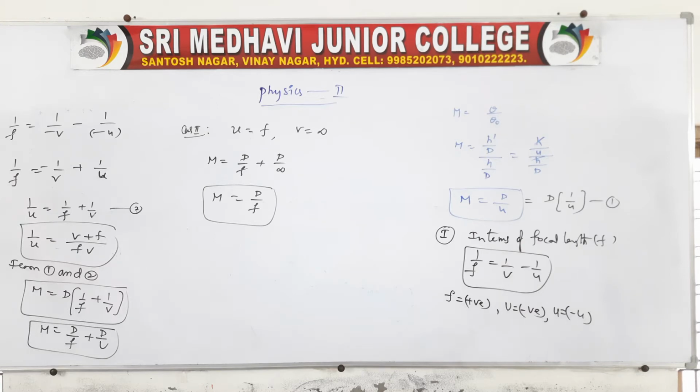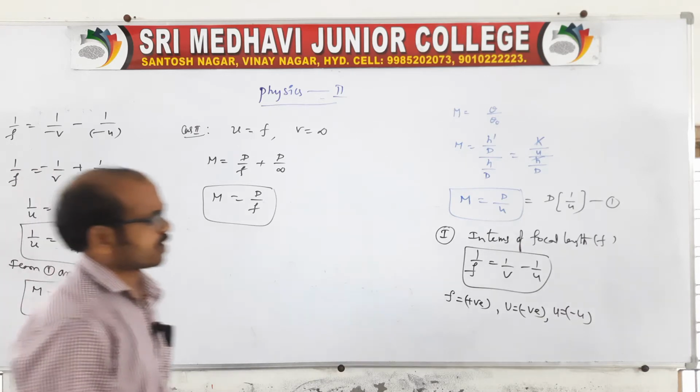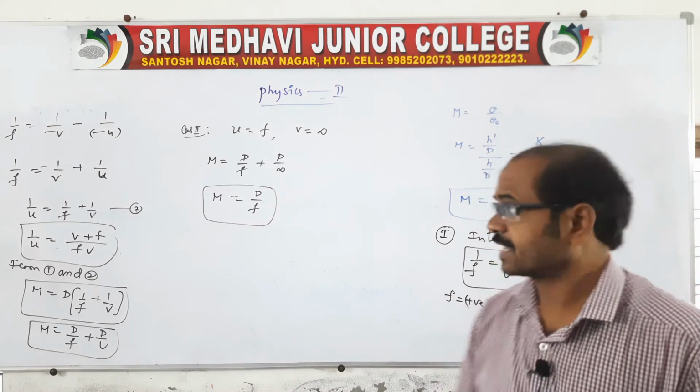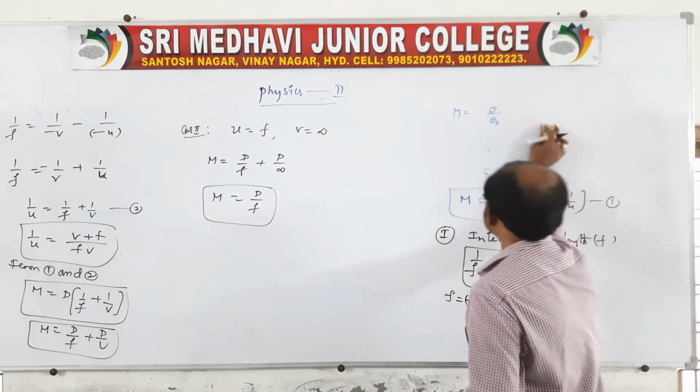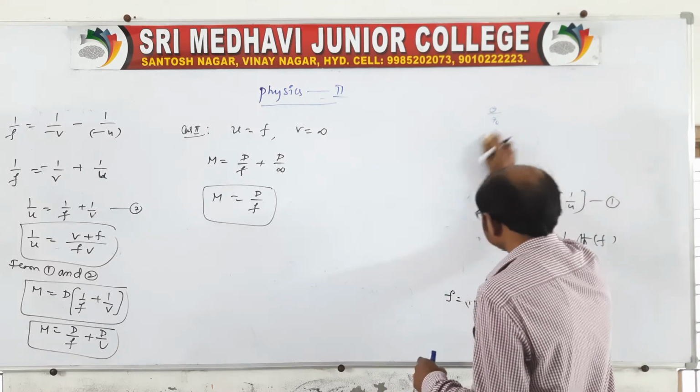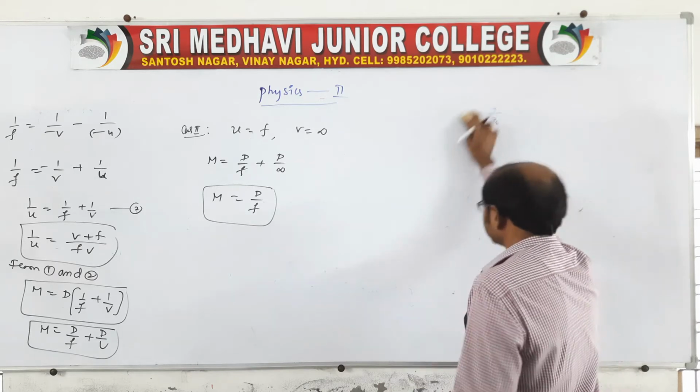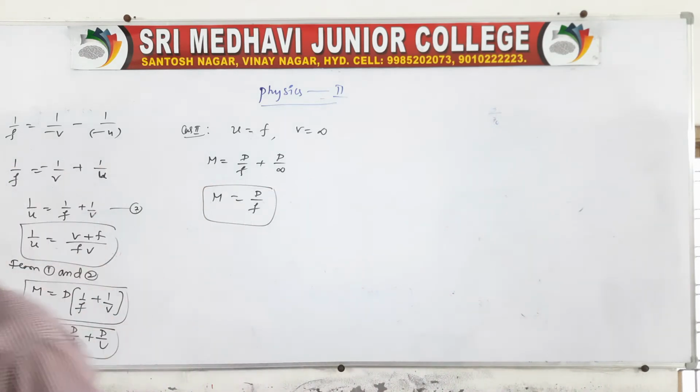Suppose the final image is formed at the least distance of distinct vision. In that case, what will happen? The object position you take as u only, and from that u you calculate the object distance.